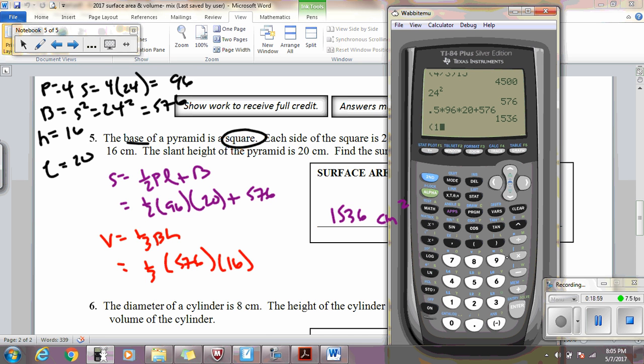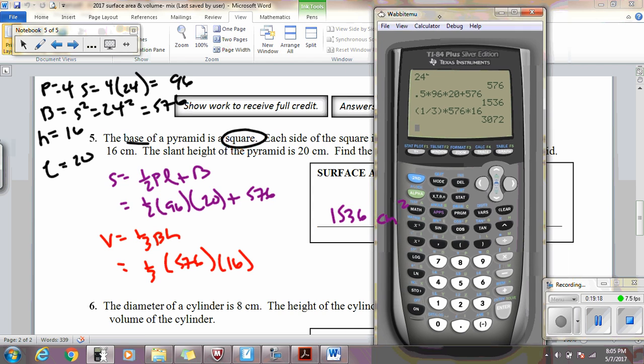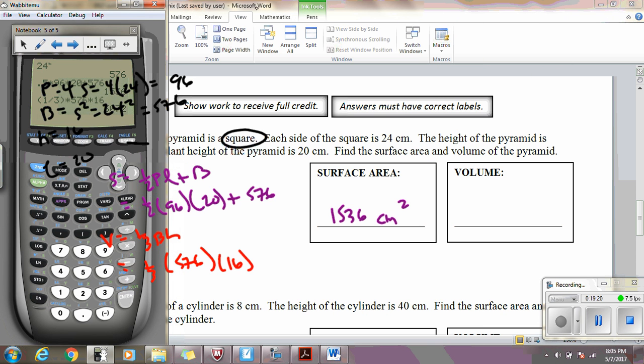So 1 divided by 3 is 1/3 times 576 times 16. 3072. So the volume is 3072.